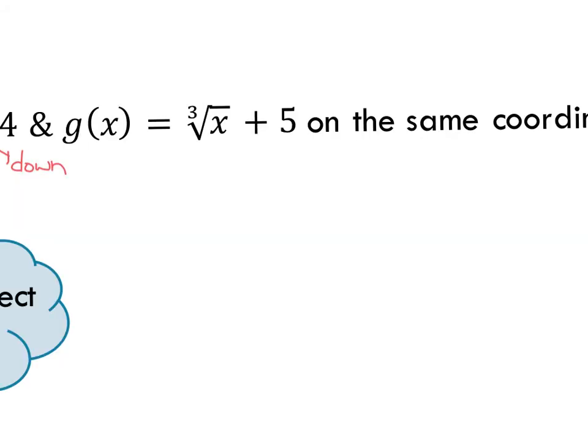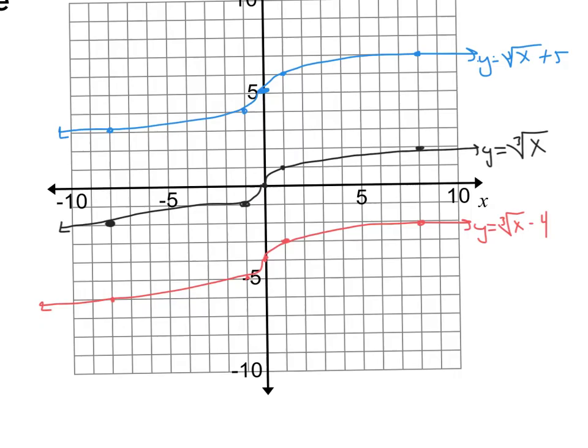For g of x, we're going to move the parent function up 5. So notice our shifts were the same, and this is our graph.